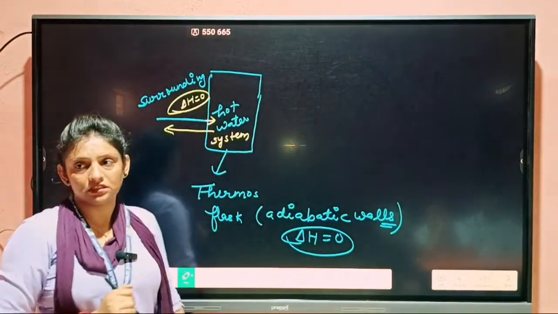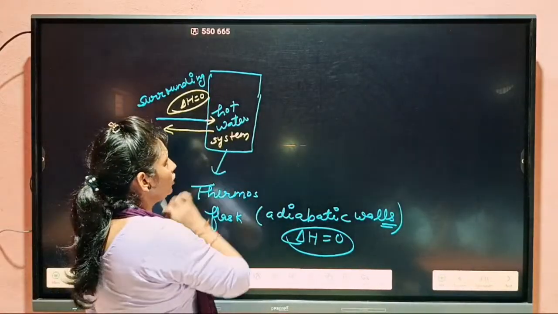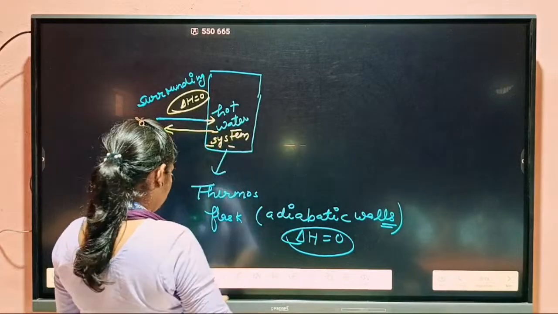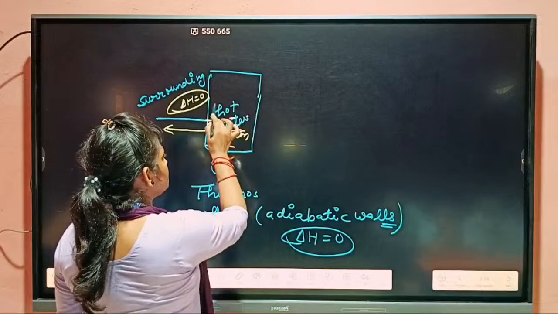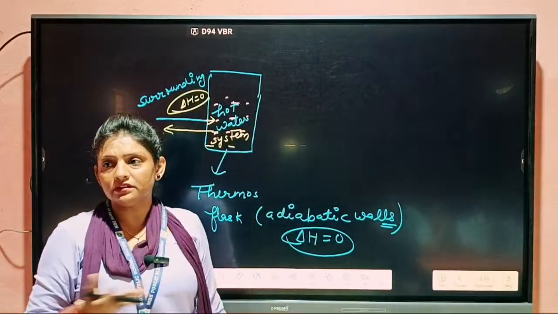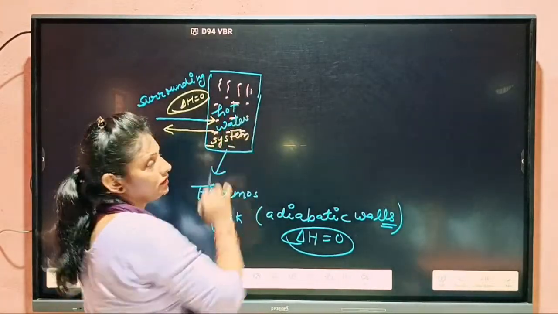It is an adiabatic process. Okay, so what will happen here? Here it is hot water. So you know very well, some water will exist in liquid state, and because it is hot, some vapors will also be here.